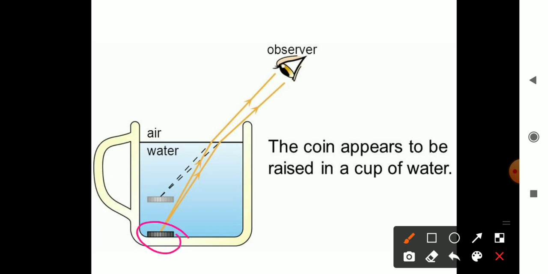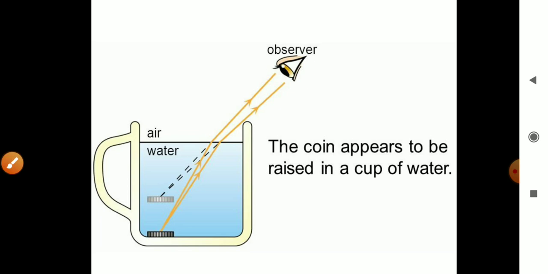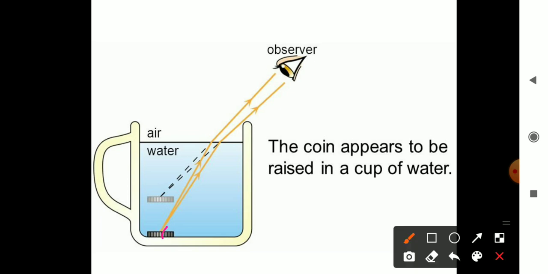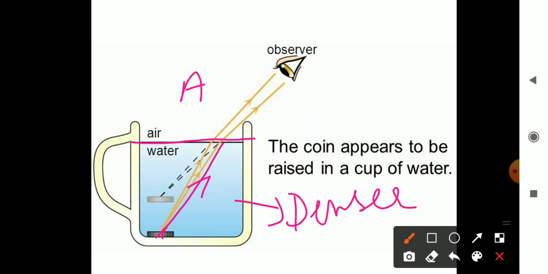The coin is an object, so it will emit rays of light in all directions, and this is the observer. Now this is an incident ray, which falls on this surface. This is a denser medium, and air is a rare medium.